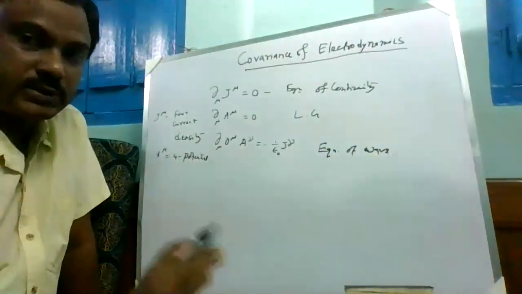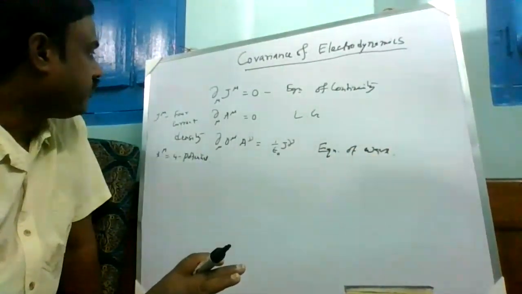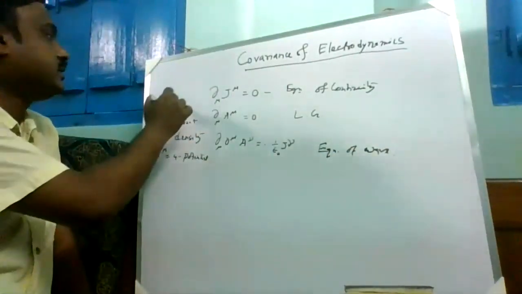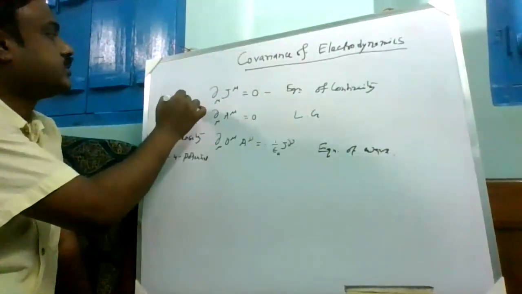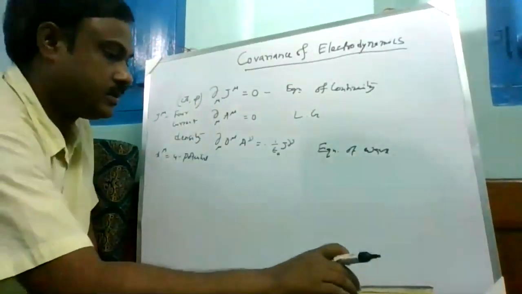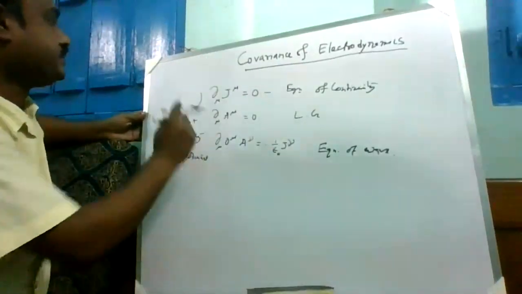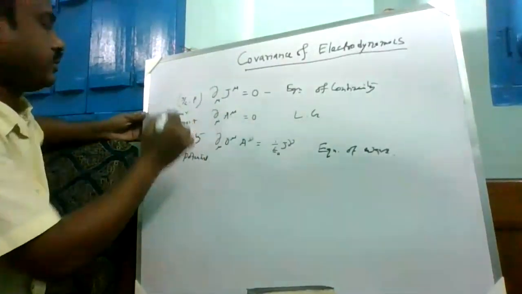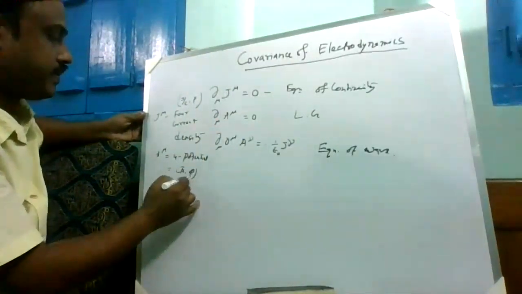So we have derived these equations. Only thing is that the four current density and four vector potential have been defined. Four current density is J by C and rho, and four potential is CA and phi.